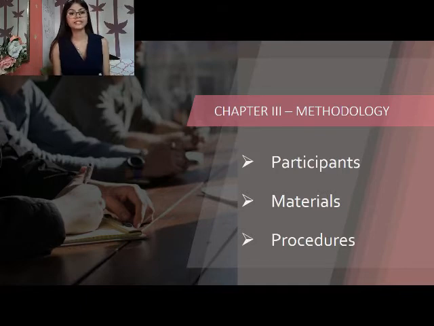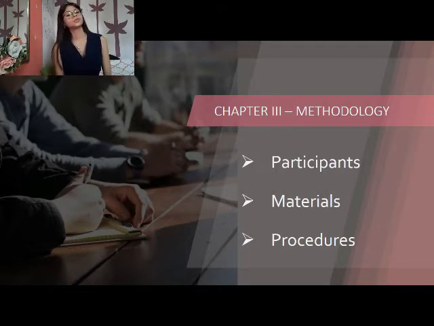Chapter number 3 is about the methodology, and basically we have 3 components here: participants, materials, and procedures. The participants were 47 students from advanced English, and the material that we used was a survey. We did a survey on Google Forms with 12 close-ended questions, and students were able to choose between 1, 2, or 3 options in order to let us know what they think.